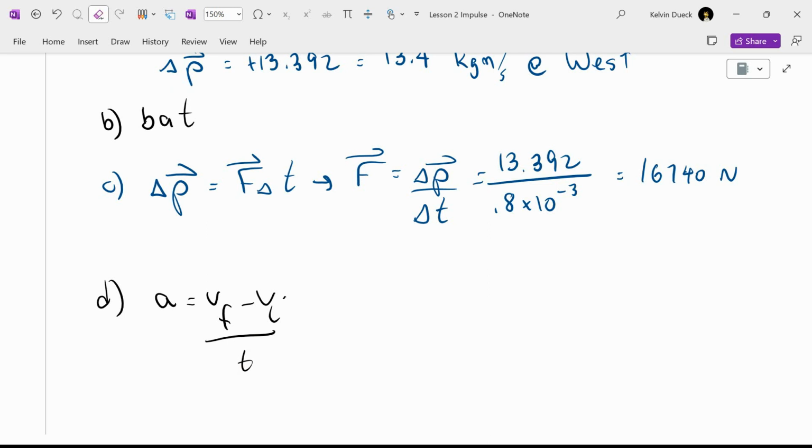But what did I just find in part C, Tori? What did I just find? No, part C. Keep reading. Part C. What did I just find?